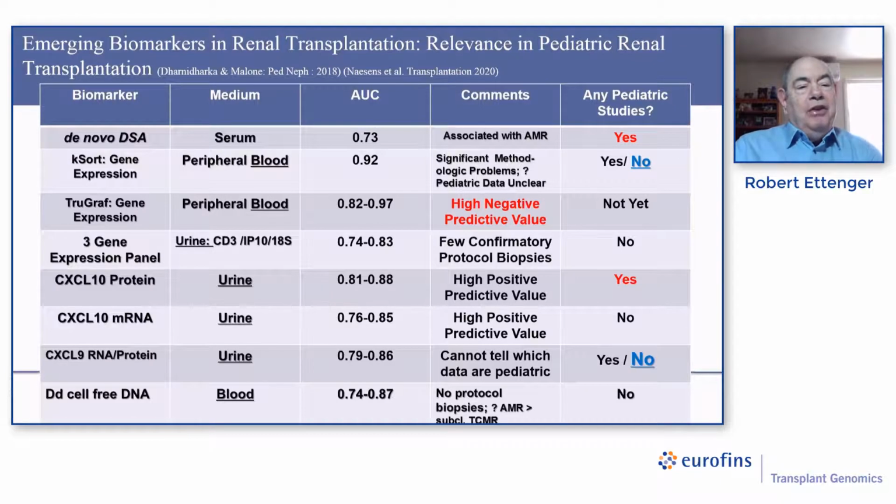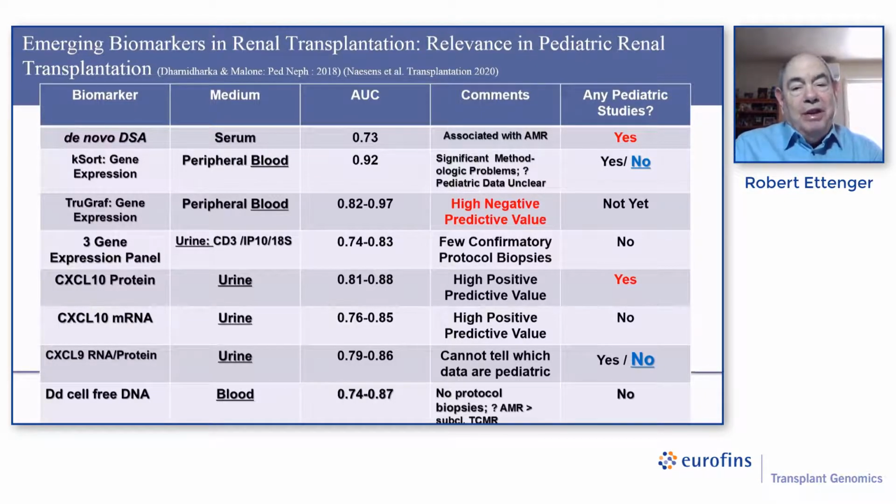Now, if we look at Minnie Sarwal's K-sort, the second entry on the biomarker page, or if we look at CXCL9 RNA or protein, shown by workers who have been in the CTOT study, children were examined, but the children weren't separated out and looked at separately.